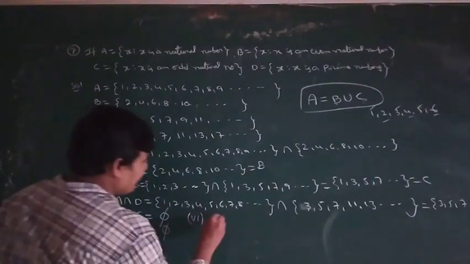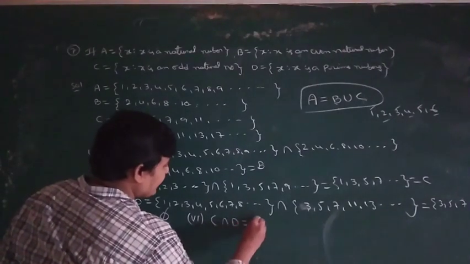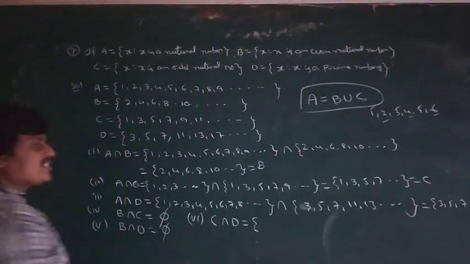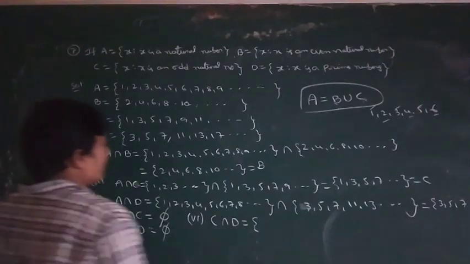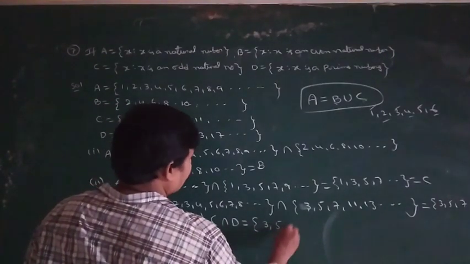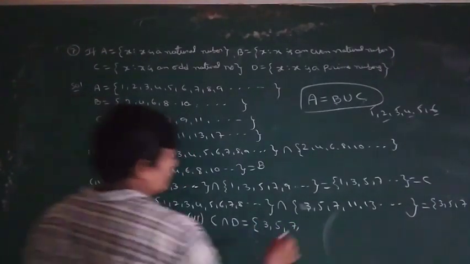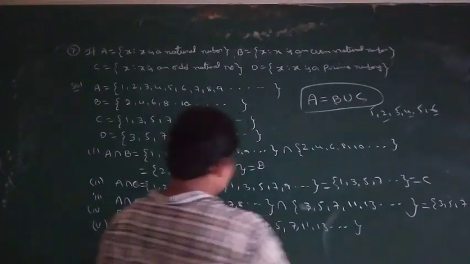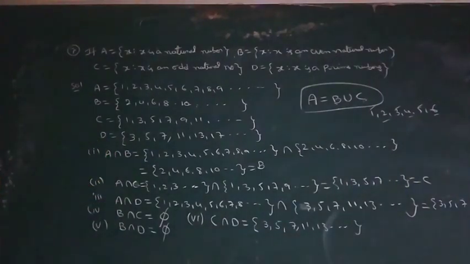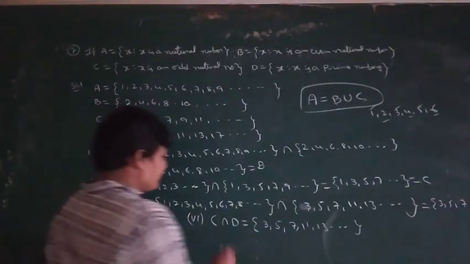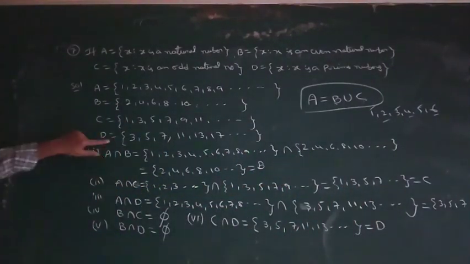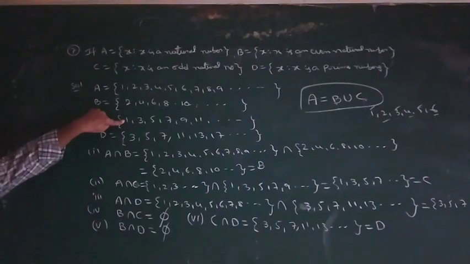C intersection D. C is odd numbers and D is prime numbers, so what are the common numbers? 3, 5, 7, 11, 13 and so on. Only 3 onwards, not 1. So C intersection D is equal to D. All prime numbers are in the odd numbers.